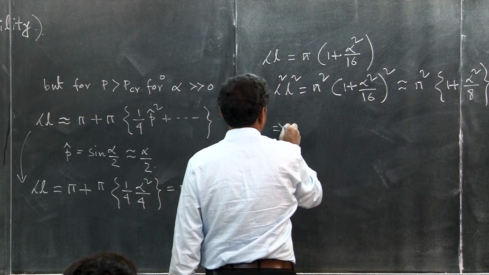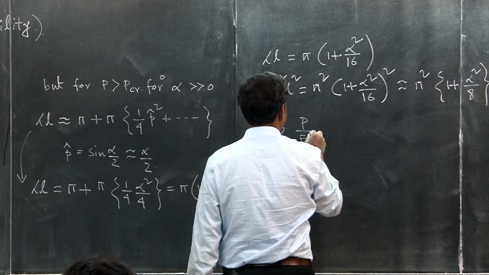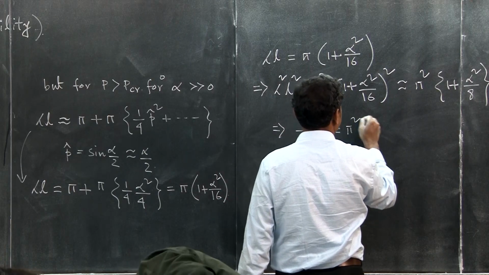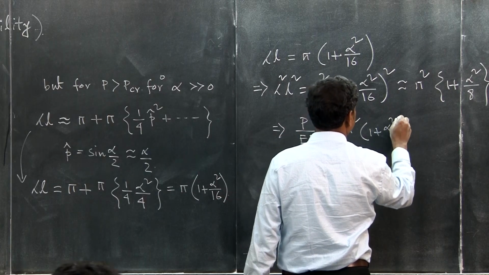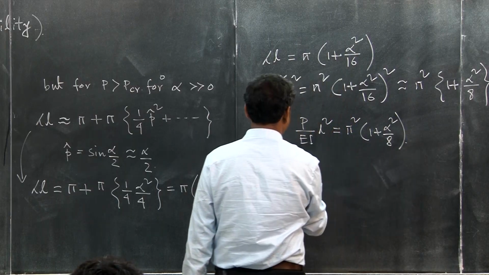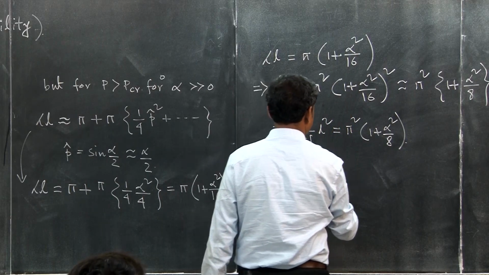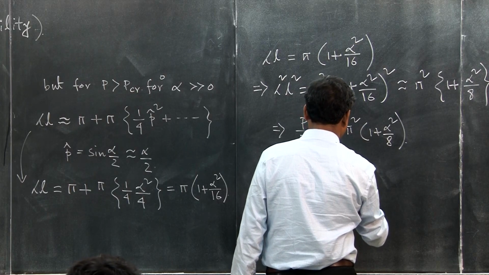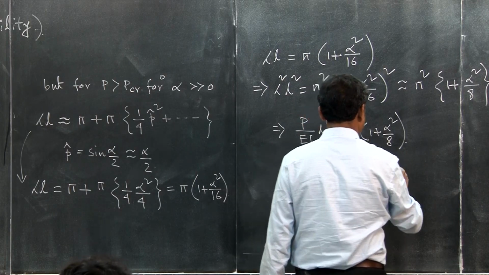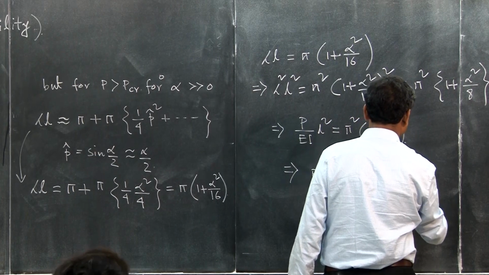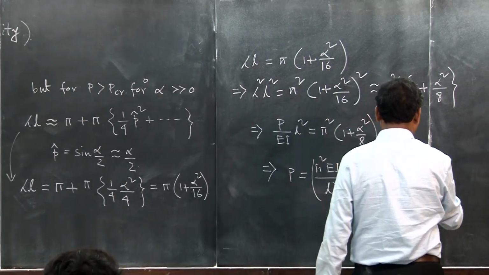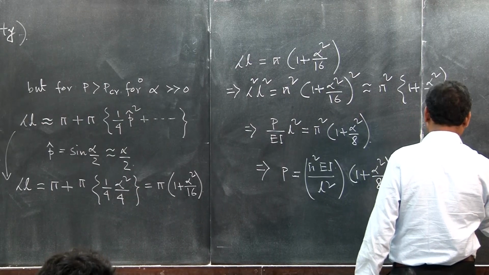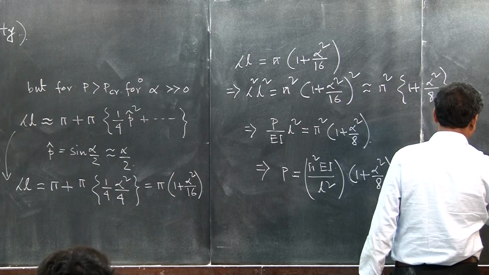And here p square is P by EI, so P by EI times L square is equal to pi square times 1 plus alpha square by 8, and P is nothing but pi square EI upon L square times 1 plus alpha square by 8. That means I can write P by P critical is nothing but 1 plus alpha square upon 8.